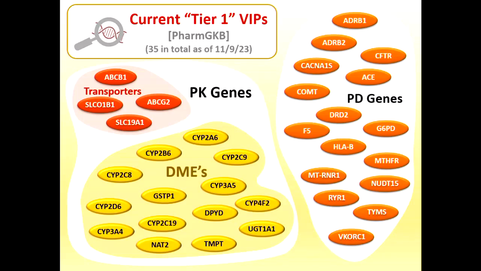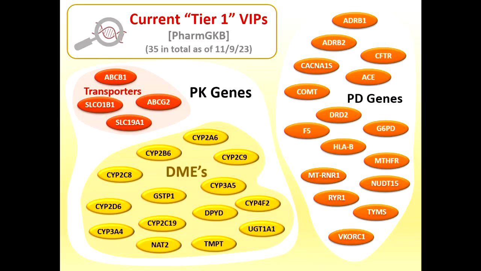Okay, so we've seen that most of the very important pharmacogenes identified to date are involved in metabolism of drugs, and a lot of these are pretty familiar to you, cytochrome P450 enzymes. But then there's the odd phase 2 conjugative enzyme as well, involved in glucuronidation, such as UGT1A1 and NAT2.